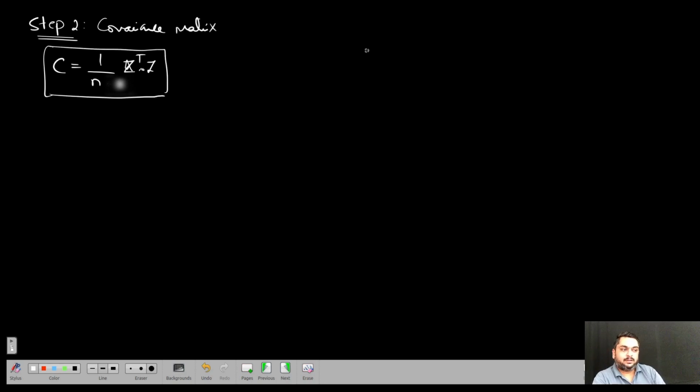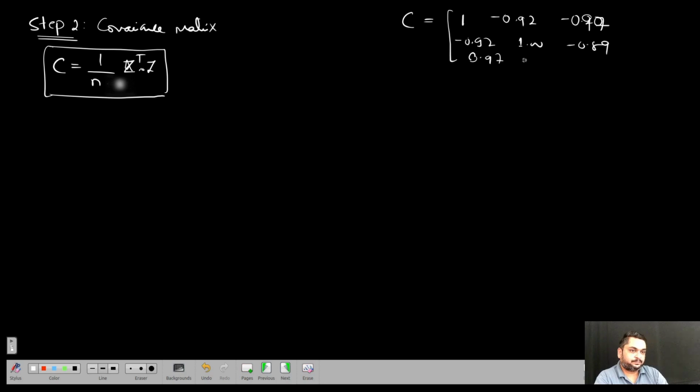For our example, we get C as 1, minus 0.92, minus 0.97; minus 0.92, 1, minus 0.89; minus 0.97, minus 0.89, and 1.